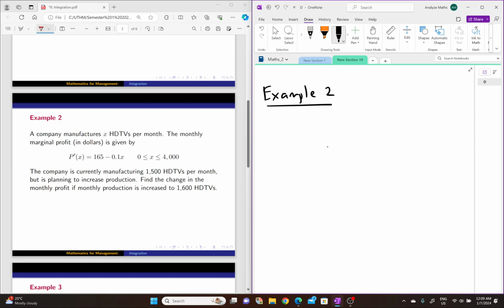A company manufactures X TV per month. The monthly marginal profit, again a profit, currently manufacturing 1,500 per month, but is planning to increase the production. Find the change in the monthly profit if the monthly production is increased. So first of all, we have to find the profit function.